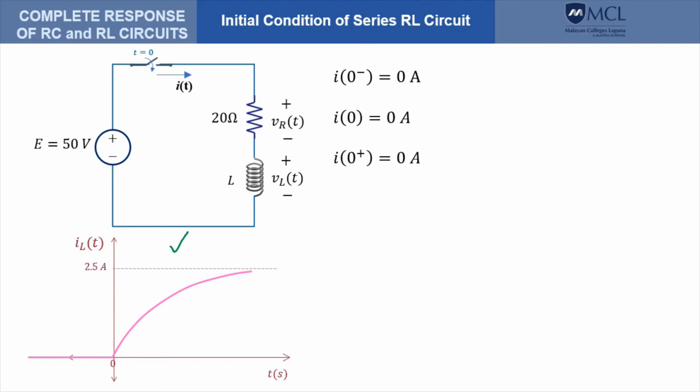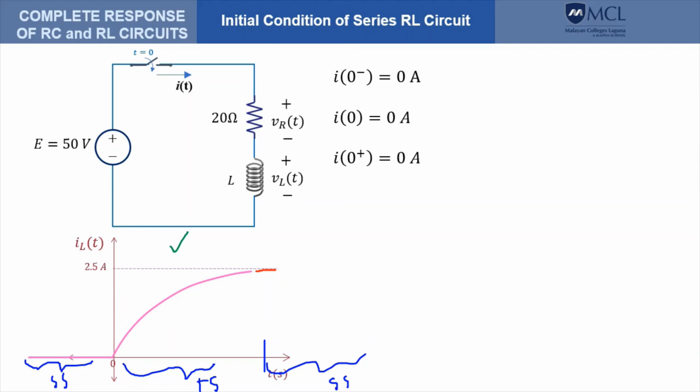In a series RL, the current does not change abruptly. From 0, it gradually increases to a constant value until it reaches a steady state value. This is a steady state period, this is a transient period, and this could be a steady state period again.